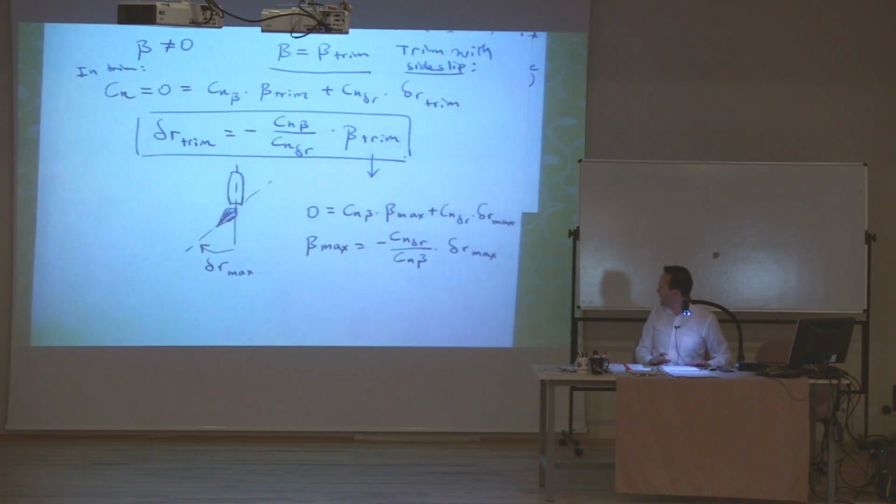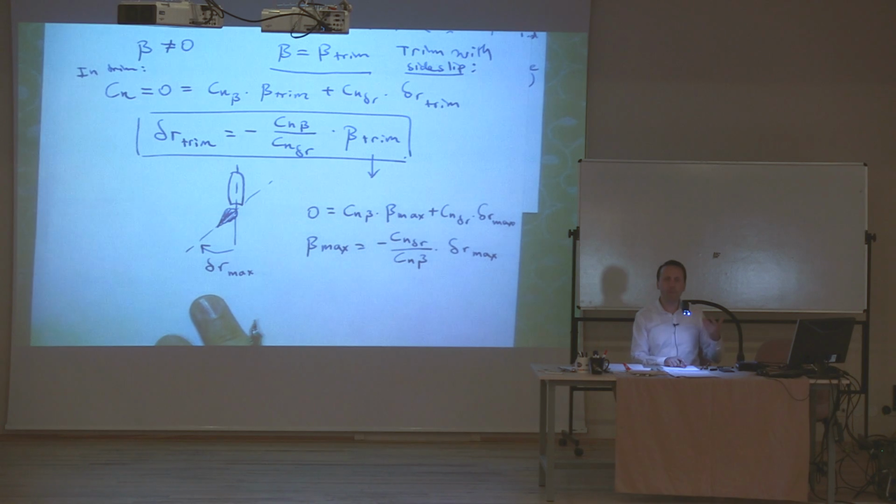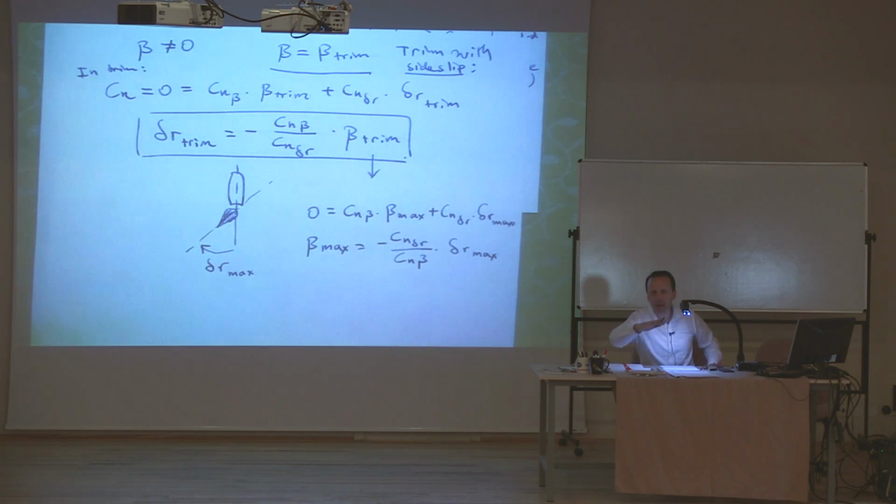So if I design an airplane and I know my delta r maximum, how much deflection I can put on the vertical tail, I can actually go back and tell what is the maximum side slip I can endure during flight. Okay? Does it make sense?